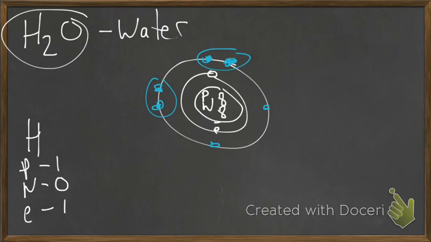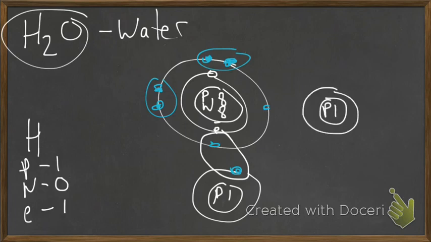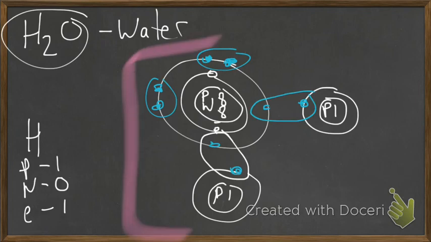If I draw hydrogen as a Bohr-Rutherford diagram, it has 1 proton, and then 1 electron. So basically what happens is these 2 electrons become very close friends. And we're going to have another hydrogen right here. That's water. That's what water looks like as a Bohr-Rutherford diagram.